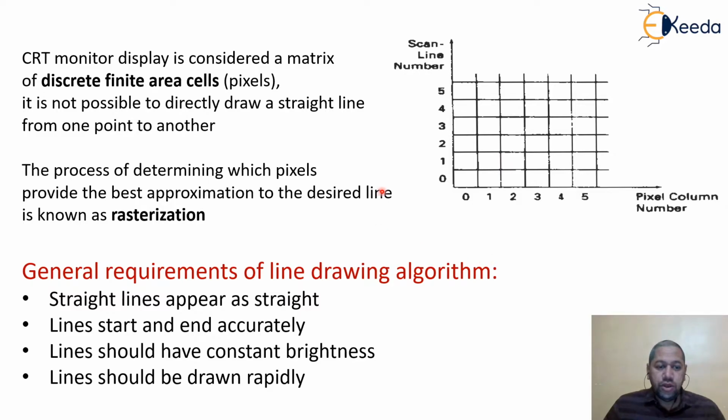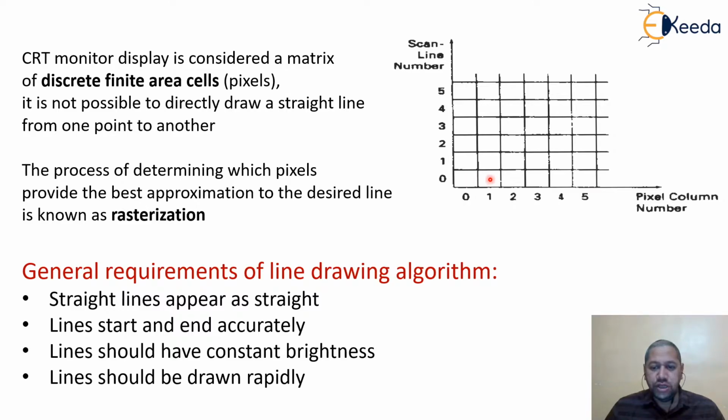So it is not possible to directly draw a straight line from one point to another. I cannot just drag and draw it, but I need to activate all the pixels on the path of the line. Every pixel is separate and I have to activate all of them to draw the line.